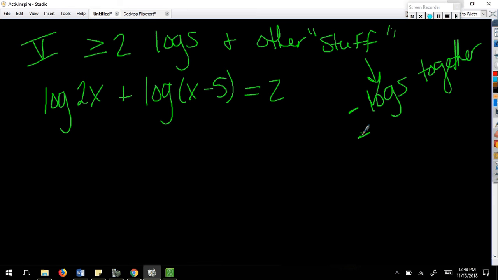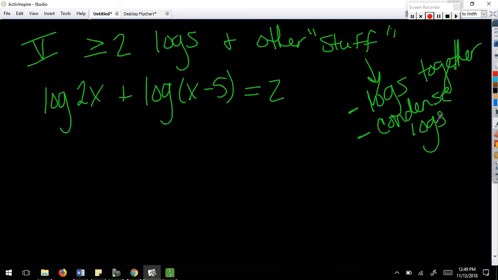Now my question to you is, can you think, I can't change the form the way it is yet. First of all, let's do it. Good job. Wow, I'm impressed. All right, so we have to condense the logs.